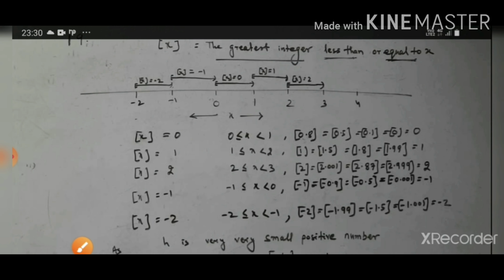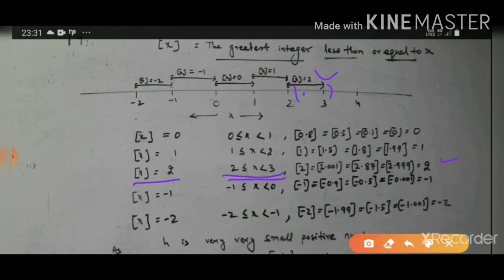Similarly, when 2 less than or equal to x less than 3, closed at 2 and open at 3, that value is always 2. For example, the greatest integer of 2 is 2, and of 2.001 is also 2. Likewise, any value in the interval from 2 closed to 3 open, the value is always 2.